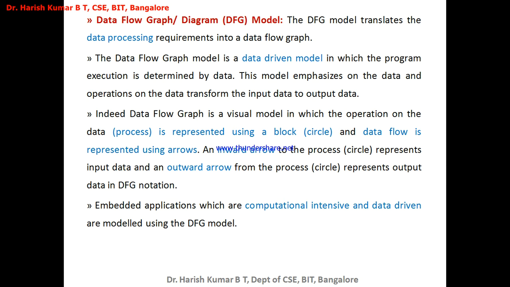So if any circle or a process is having an inward arrow, then we say the process or the circle is taking the input data. And similarly, if there is an outward arrow from any of the process or a circle, it represents the process is producing some kind of output, and that output can be fed as an input to the another process or circle. So circle is the notation which is used to represent the process, and sometimes you can also use the oval also.